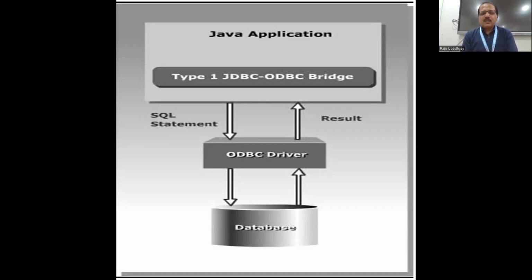Once your Java application's request is forwarded through the bridge driver to the ODBC driver, the ODBC driver converts your request into a database-compatible statement, and then the database executes that statement. In order to use the JDBC ODBC bridge driver, we needed to have the ODBC driver installed on every client computer. That was necessary at that point in time.